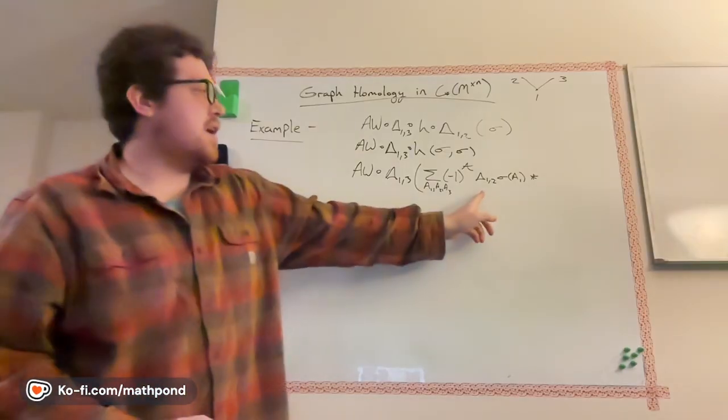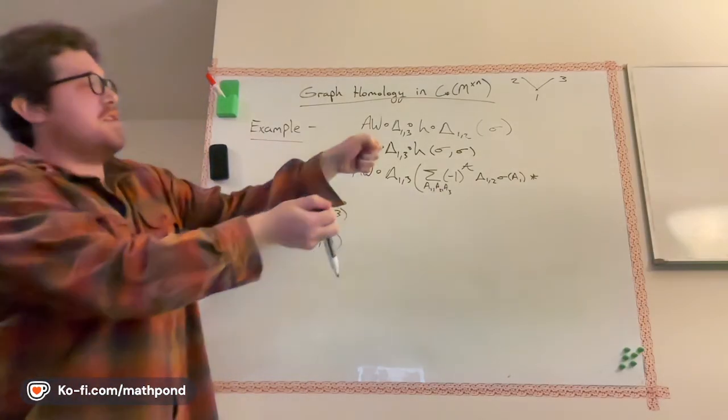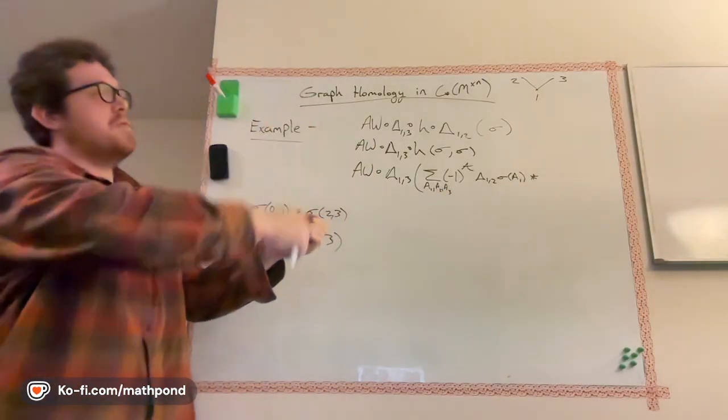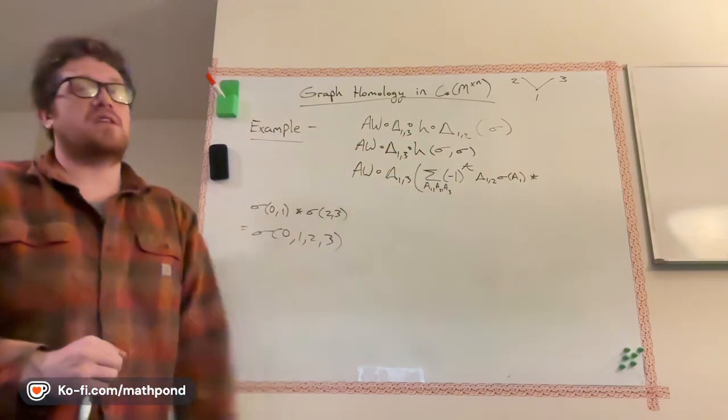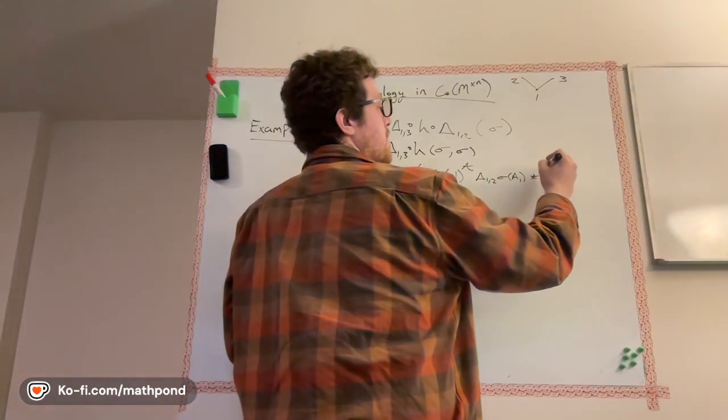So here I'm just taking the first overlapping partition, I'm duplicating it into the first and second position, and then I'm joining that with the result of applying AW to basically the right half. So I get an A3 here, sigma A3.